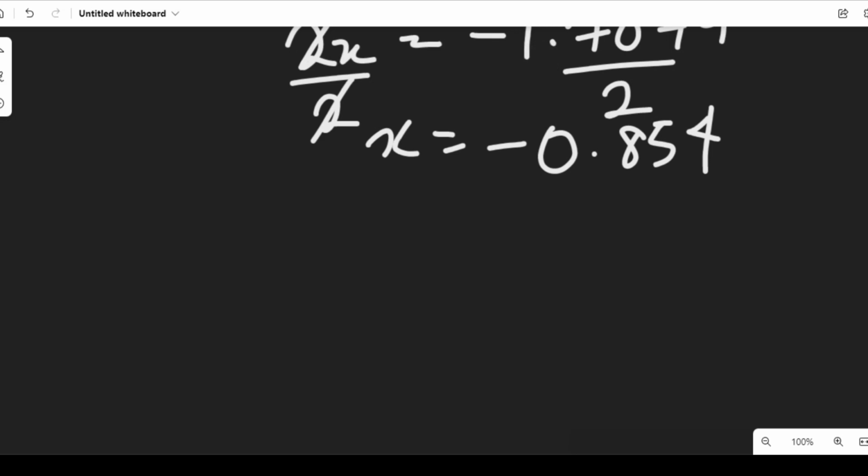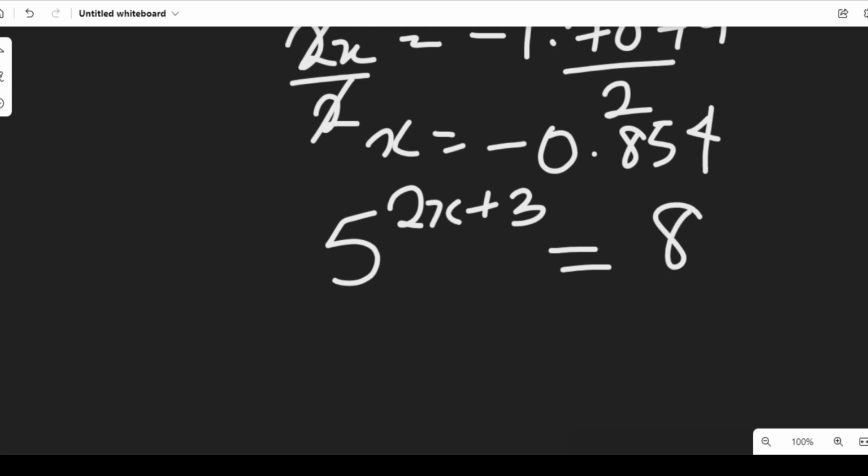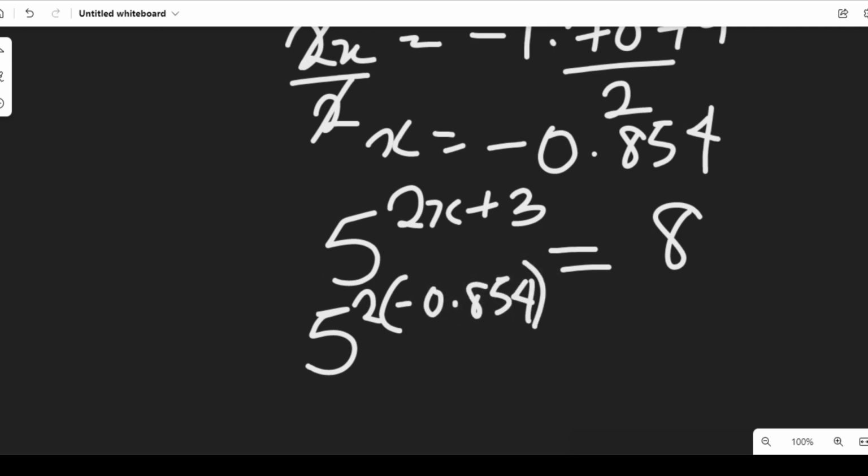Now let's check this out to see if our result is correct. We are asked to find 5 raised to power 2x plus 3. We want to find out if this value can give us 8. So we'll have 5 raised to power 2 times negative 0.854 plus 3.